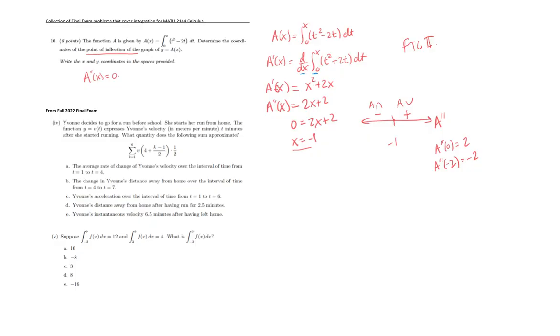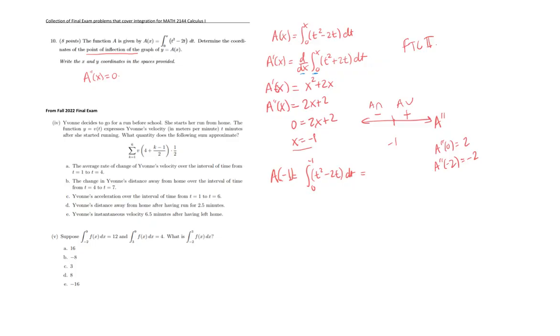Then to continue to find the coordinates of the point, I also need to find A of 1. So I need to actually evaluate this integral from 0 to 1 of t squared minus 2t dt. And so I can compute an antiderivative of that.